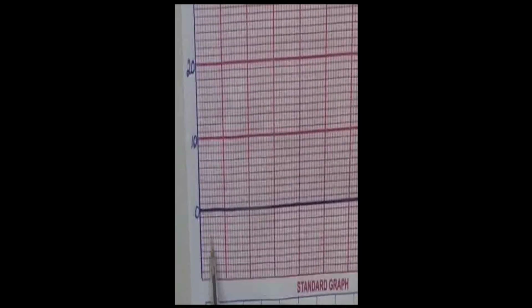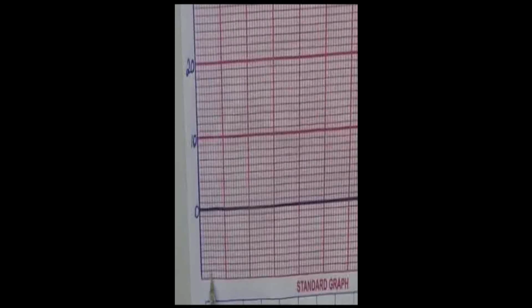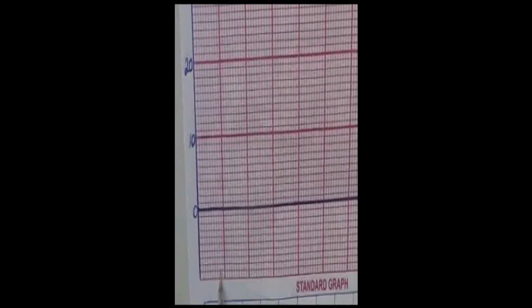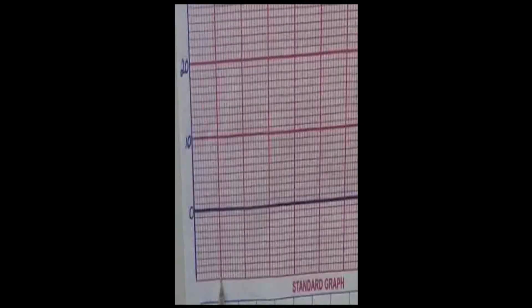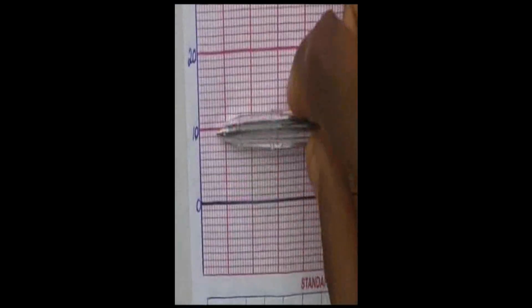So we are going to draw a bar that will start from here, have 1, 2, 3, 4, 5. It will start from here to here. That is 1 cm, and it will extend up to 10.